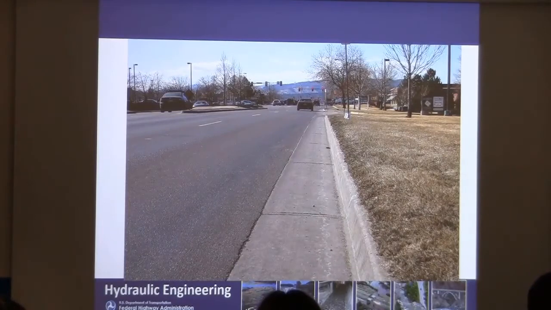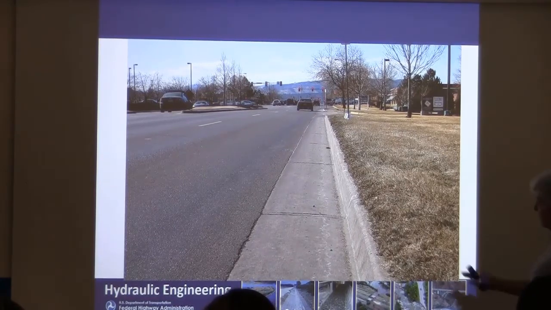So here's a typical gutter section, and what you can see is that the gutter section is at a steeper slope than the cross slope of the road. And gutters can be anywhere from about 12 to 39 inches wide, typically.